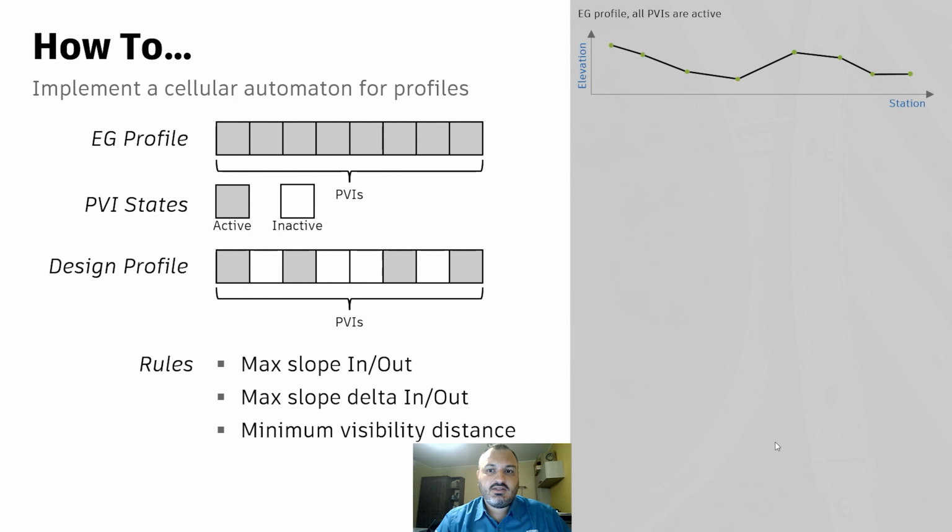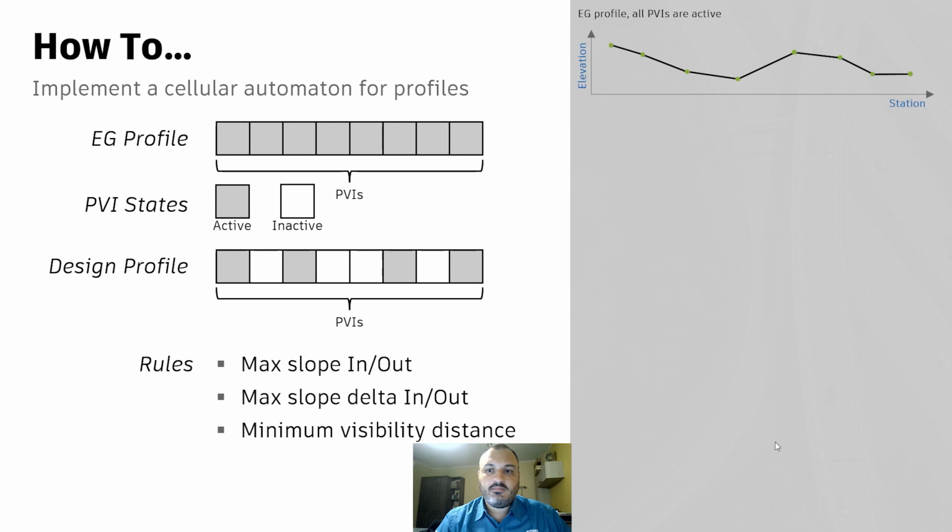And the state of these points of vertical intersection is either active or inactive. So if you think about it, a design profile is a sequence of these points of vertical intersection where some of them are inactive. And so what is the concept of how do we determine which point we need to turn on and off, basically?